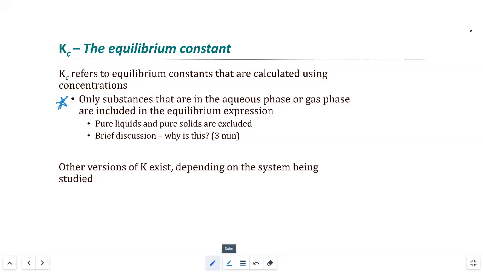Pure liquids and pure solids are not going to really have concentrations at all, right? They're pure. And if I have a pure solid, that means it's undissolved. If I put that pure solid into a solution, it's not going to dissolve in the solution. Otherwise, it would be considered aqueous as well, right? So how do I measure its concentration? I can't just look at its density.